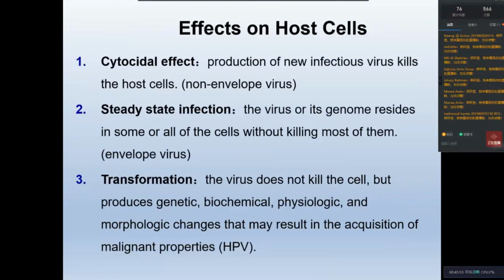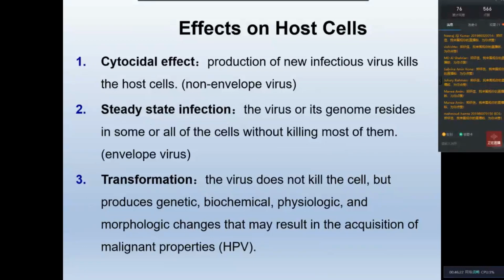And you want to know what will happen if the virus can infect the host cells. What can it cause? The first effect is the cytocidal effect. That is, the production of new infectious virus can kill the host cell, especially for non-enveloped viruses.